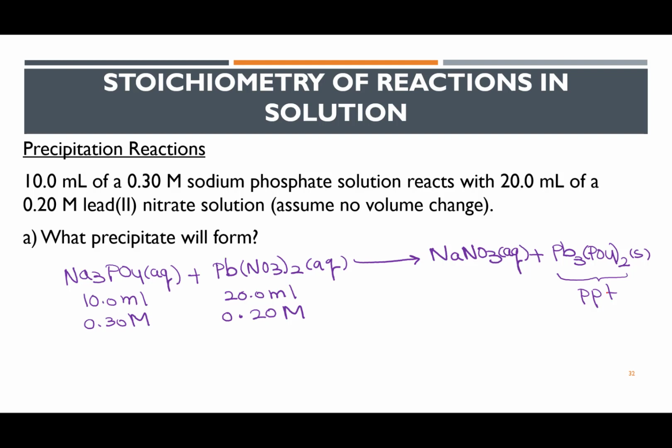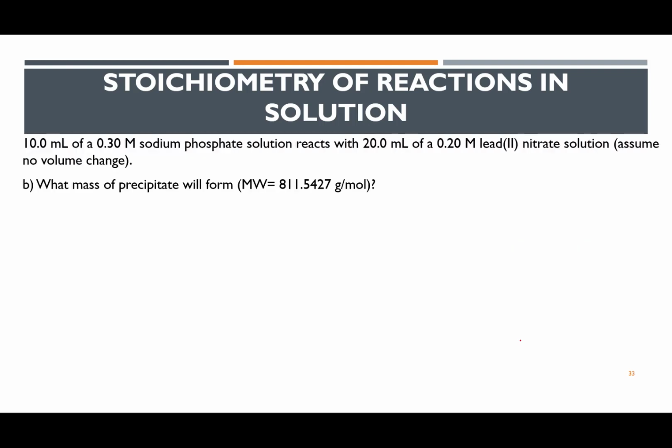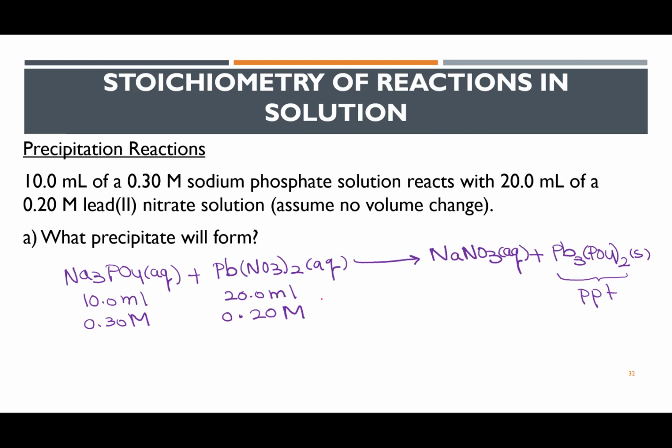Now for part B, you want to know what mass of precipitate will form. You want to find the mass of lead(II) phosphate that we're going to produce.